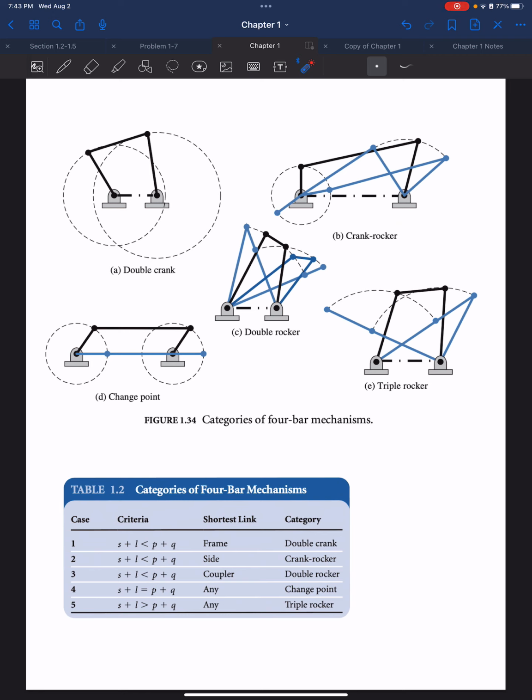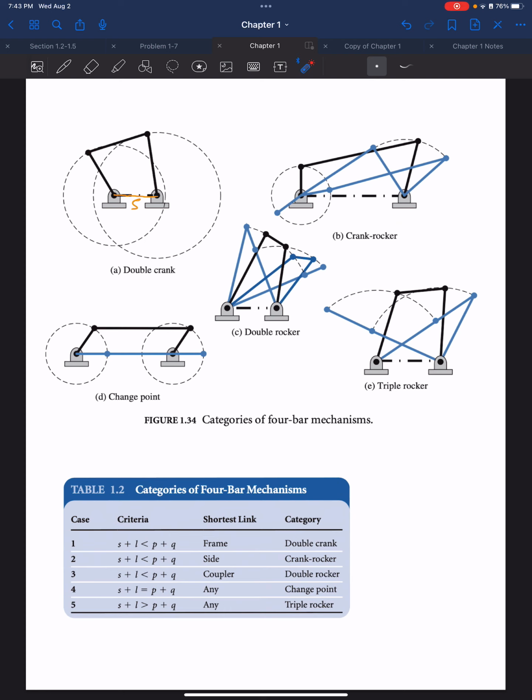The shortest link being the frame, you might think that's a little weird because in some of the things we've looked at before, the frame gets kind of wonky, but the frame is defined as the length between these 2 points. And we can see double crank is fairly intuitive. Both of these points out here make a complete circle.